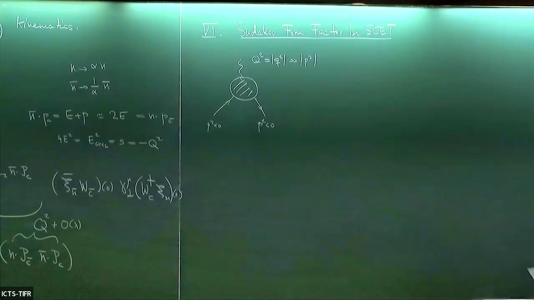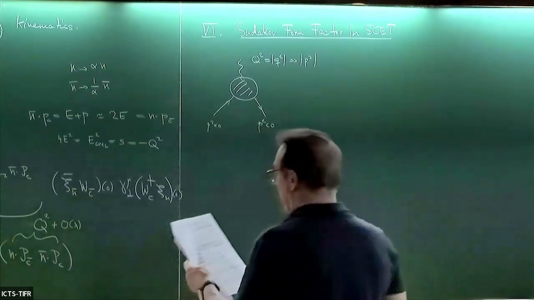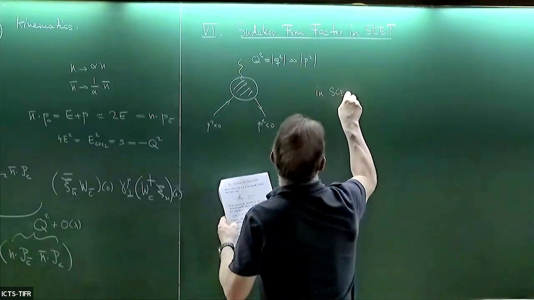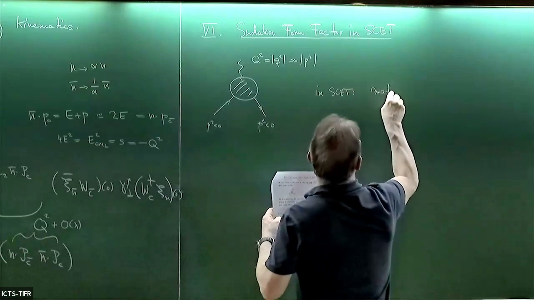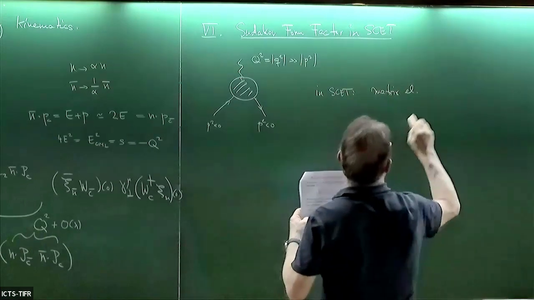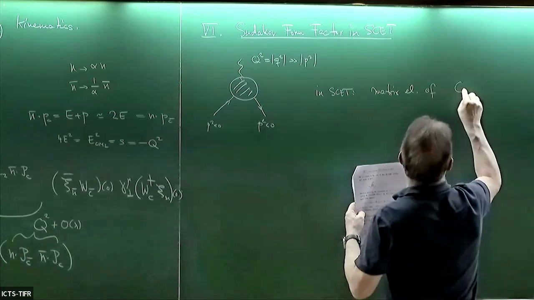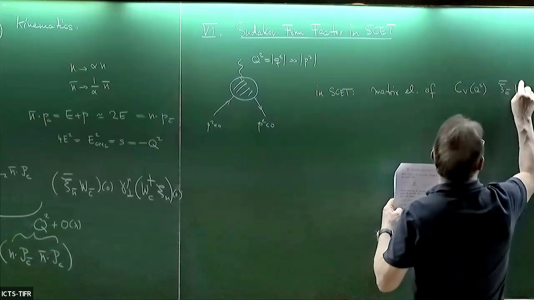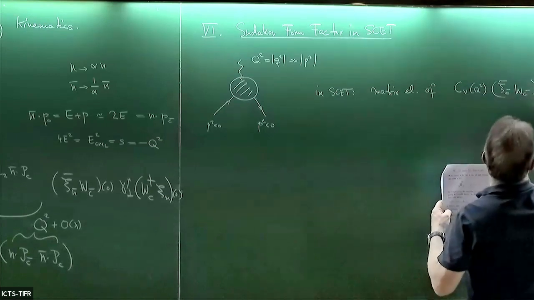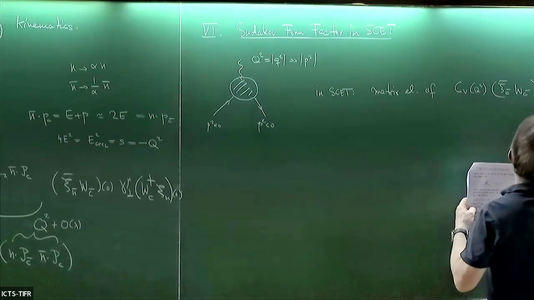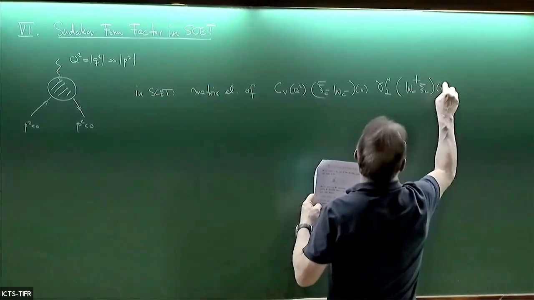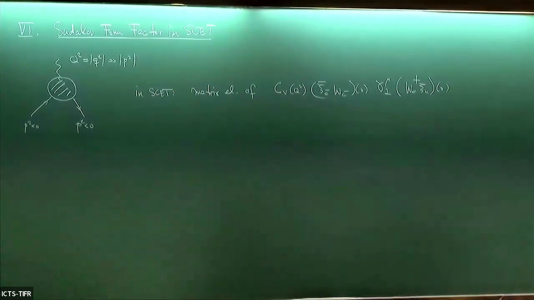I'm now going to calculate it in SCET. This is the quark matrix element of this operator, CV of Q squared times the collinear quark field C bar W, 0, gamma mu perp, W C dagger, C N, 0.